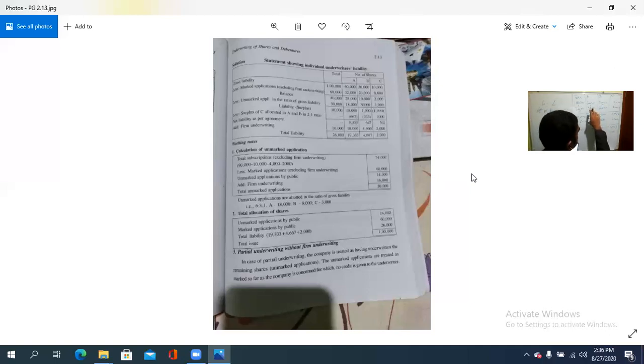1000 that is to be apportioned to 6 by 9 and 3 by 9. So 1000 into 6 divided by 9, it is 666. Okay, and then second case is 333, isn't it? 334 I think it will come. So 667 maybe, 667 minus 1000, 333.